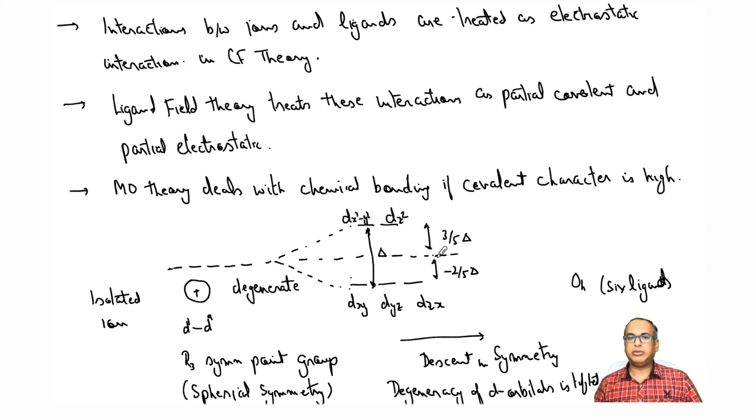So there is a descent in symmetry of the isolated ion, and you see that the degeneracy of d orbitals, which was there in the R3 point group, gets lifted when you go to the OH point group, right? By the way, the most common coordination in transition metal complexes is ML6. But as I said, we can also have ML4 type tetrahedral complexes. In that case, you will see that the degeneracy is lifted like this.